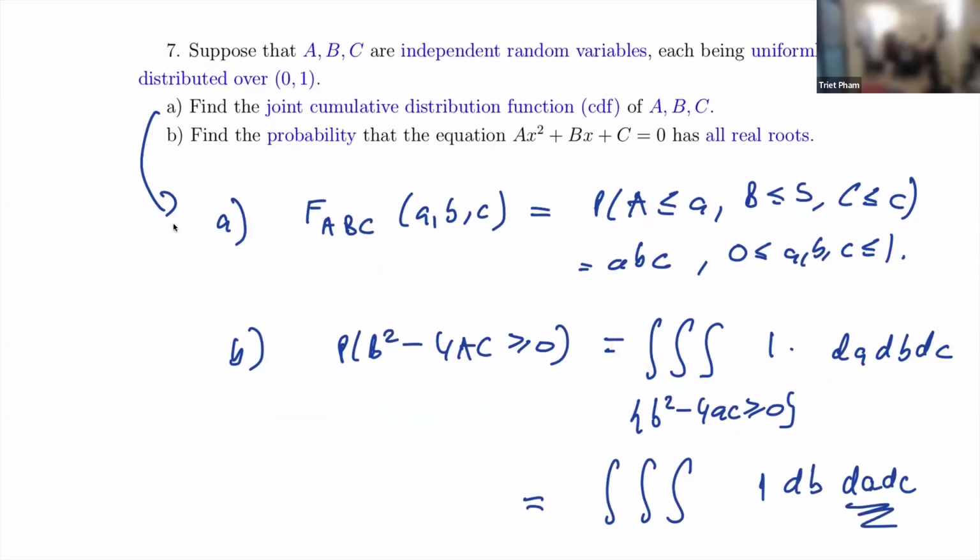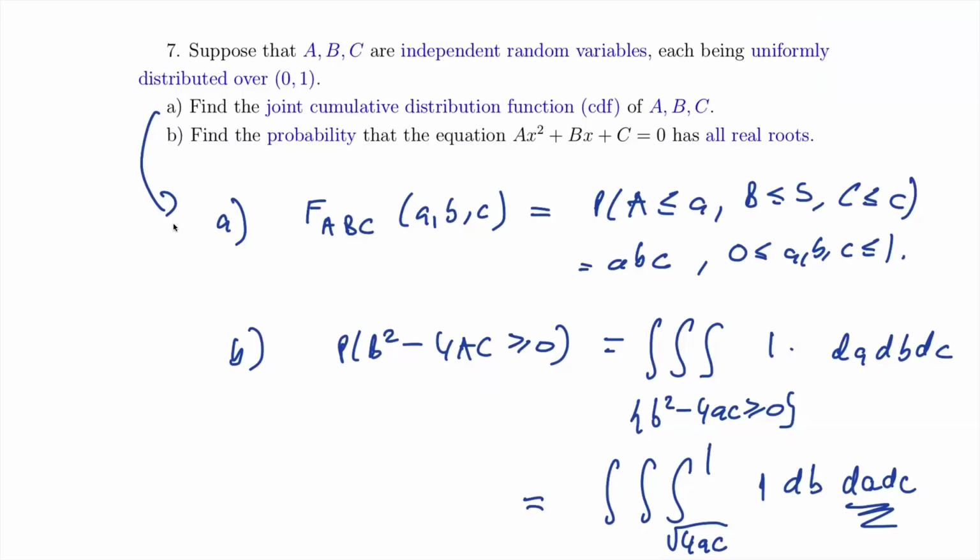But dB first, and then we'll decide the dA dC later. Why? Because B would go from where to where? From square root of 4AC to 1. So that's a little bit of B. Agree?